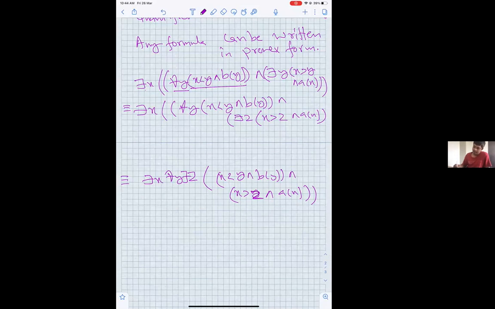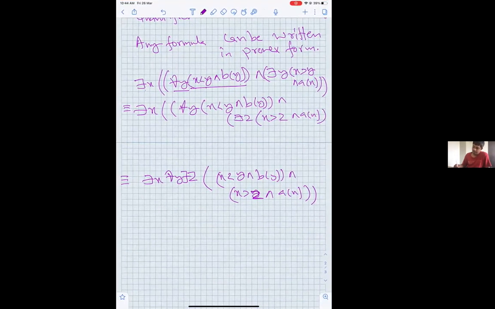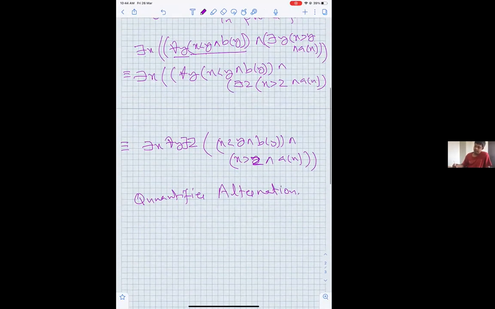Now if we look at this formula, it has quantifier depth 3, and what we are interested in is quantifier alternation. What is quantifier alternation?